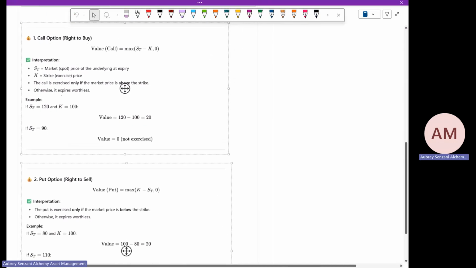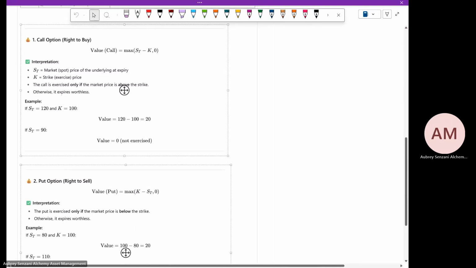So here, I'm going to leave this with the slides, but just to quickly unpack this. Remember, for you to hold an option, you need to pay a premium. Once you've paid a premium, then you now own the option. Remember, an option gives you the right, but not the obligation.